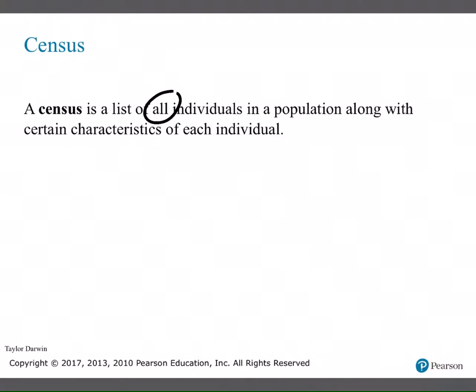This is how we get demographics, how we know maybe how many women versus how many men are in an area. And so it just gives you really good information about all the individuals in a population, whether that is all the people in the United States, Texas, Midland, whatever it may be.